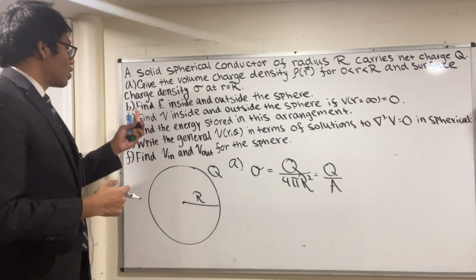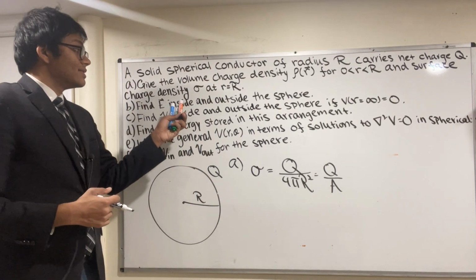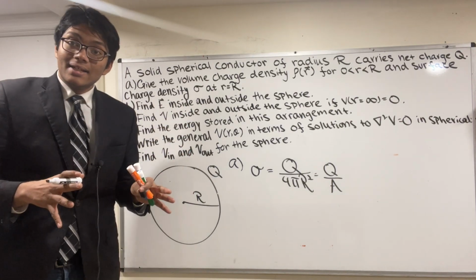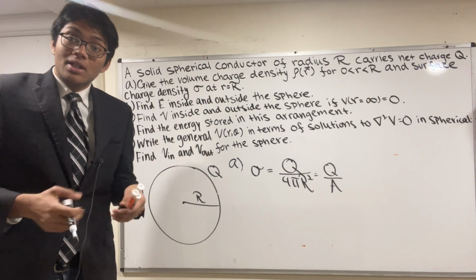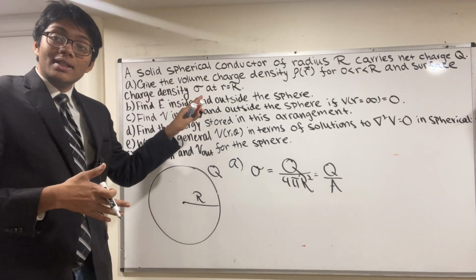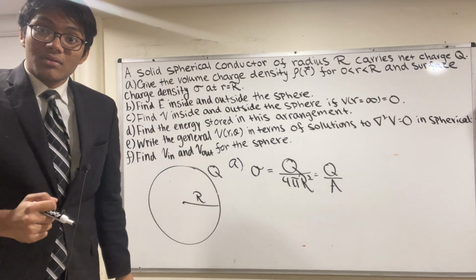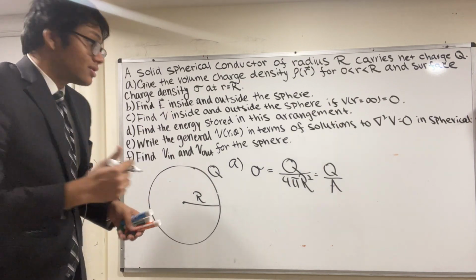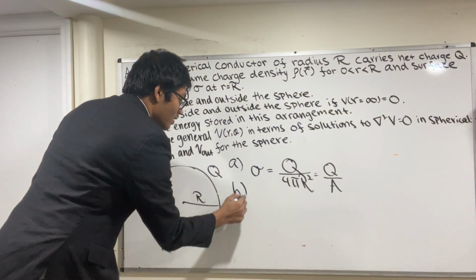Now let's take a look at part B. Find the electric fields inside and outside the sphere. Well, inside, we know what the electric field is because we saw that the volume charge density was nil, zero, right? So since the volume charge density was zero, the electric field must therefore also be zero. Why is that?